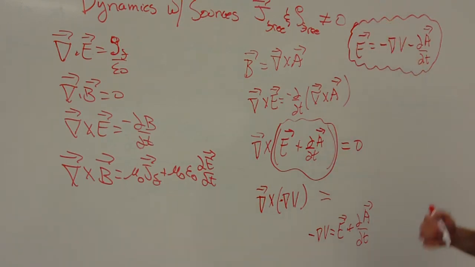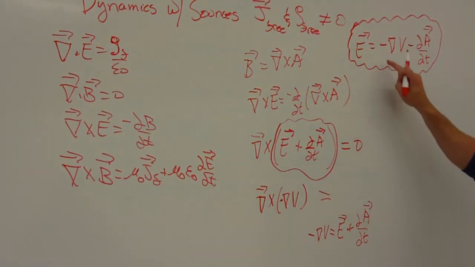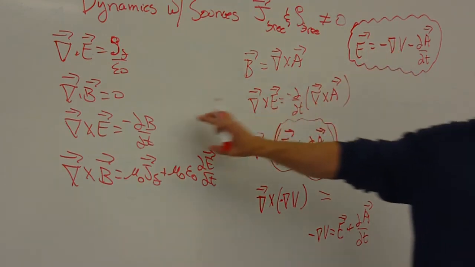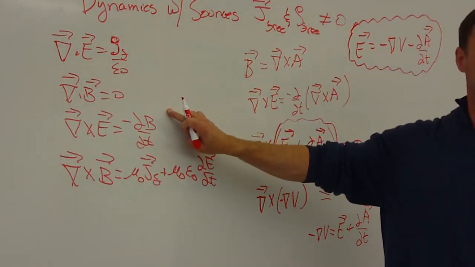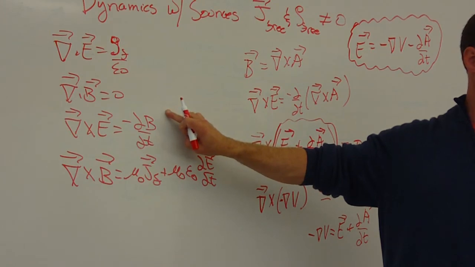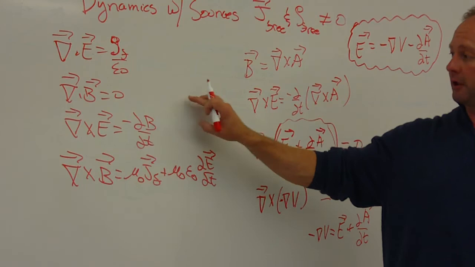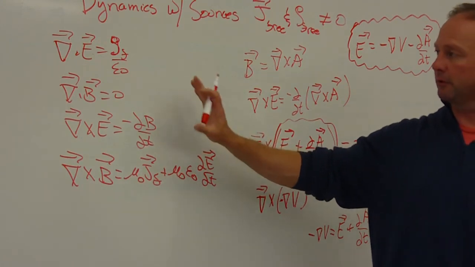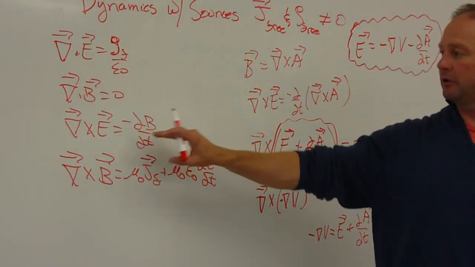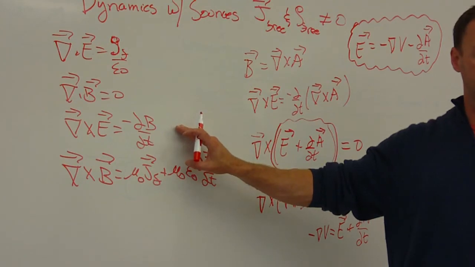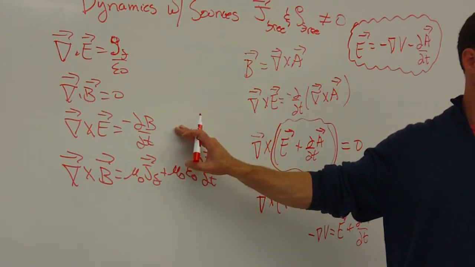But then what we will decide to do is take this electric field and put it into this equation. This is what we did last time. So we're essentially trying to decouple these. We had everything in terms of E and B. Maxwell's equations are in terms of the electric and magnetic fields.